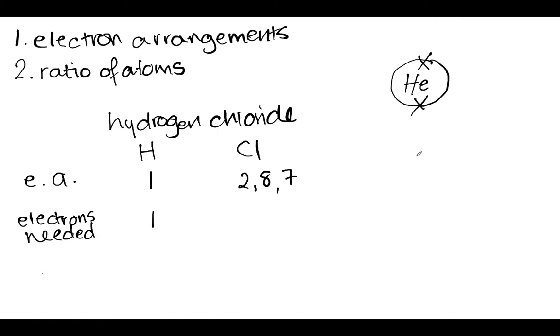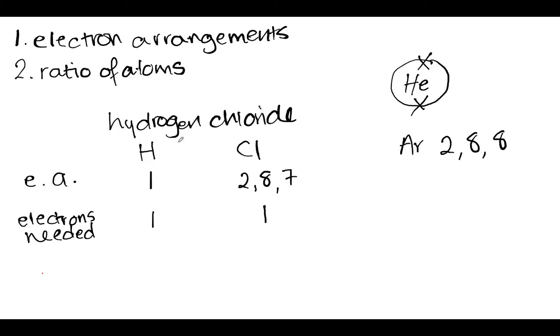And chlorine wishes to have the same outside electron arrangement as its nearest noble gas, argon. And argon's electron arrangement is 2, 8, 8. So chlorine also needs 1 more electron.